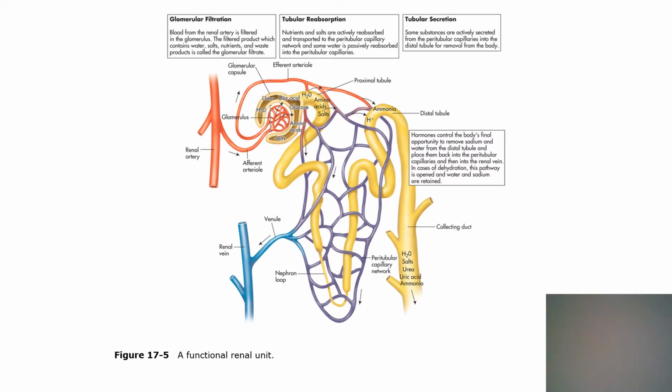The ascending loop of Henle passively reabsorbs sodium and chloride from the filtrate, helps to maintain our osmolarity. And the tubules actively and passively remove sodium and water. The filtered fluid is converted into urine.